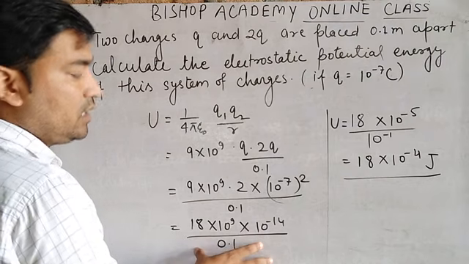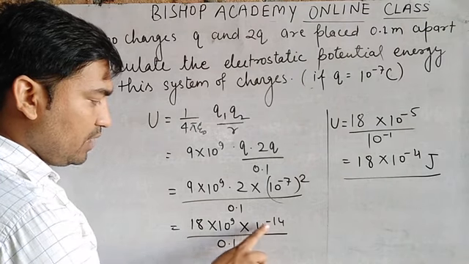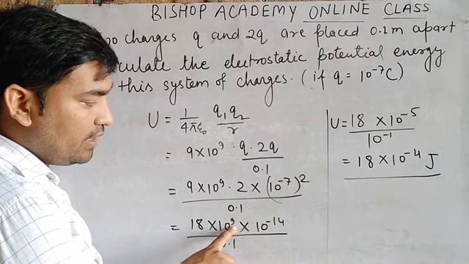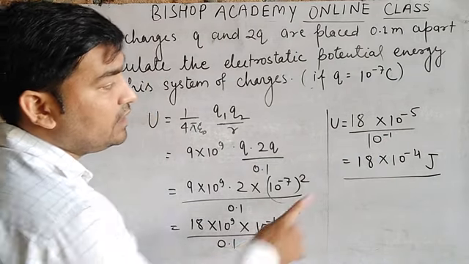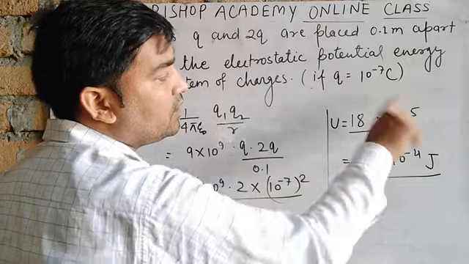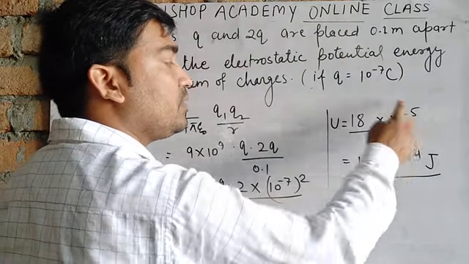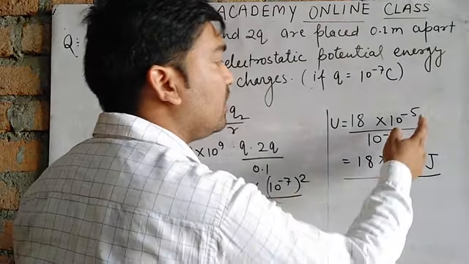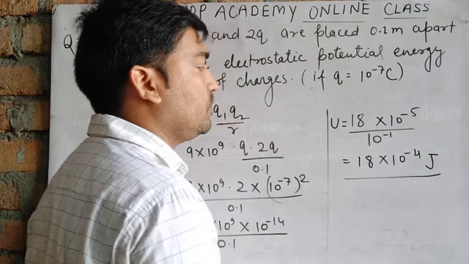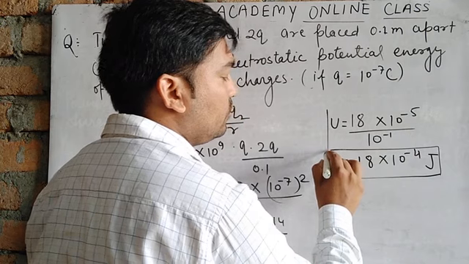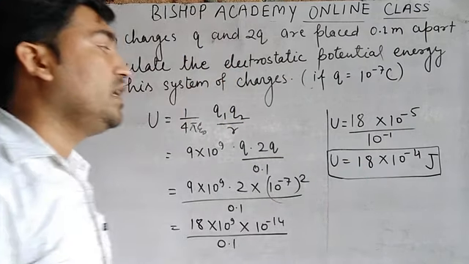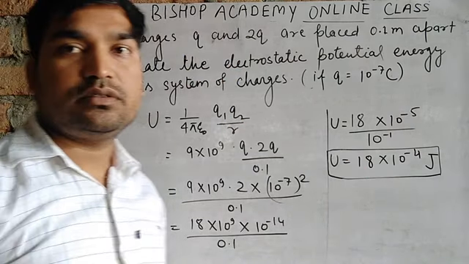After solving this, 10 to the power minus 14 and 10 to the power 9 is 10 to the power minus 5, and 0.1 is written as 10 to the power minus 1. It is 10 to the power plus 1 when it goes upward, and it is 10 to the power minus 4. It means electrostatic potential energy due to this system of charges is 18 into 10 to the power minus 4.